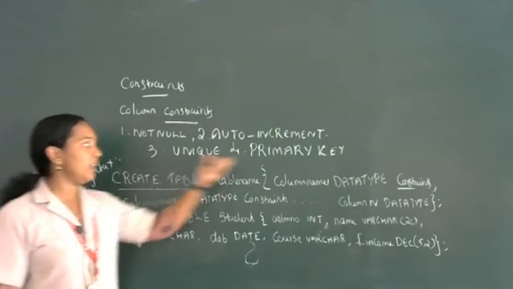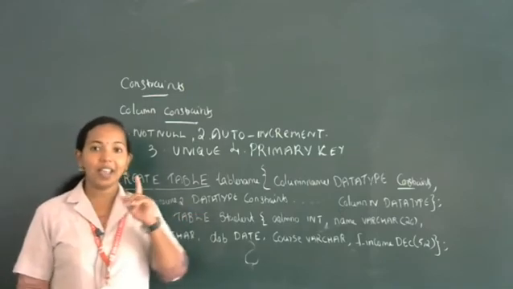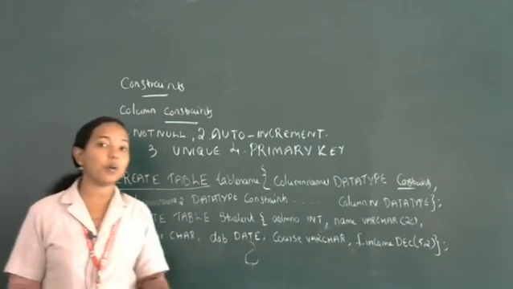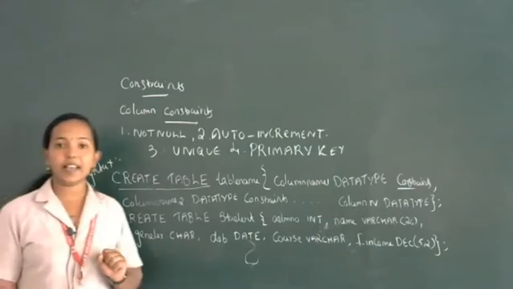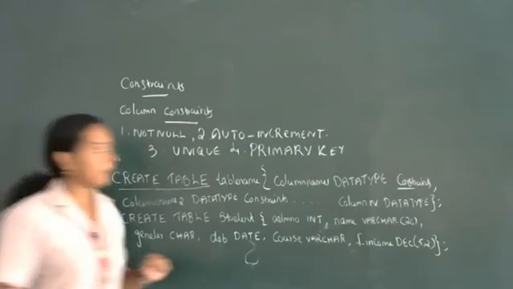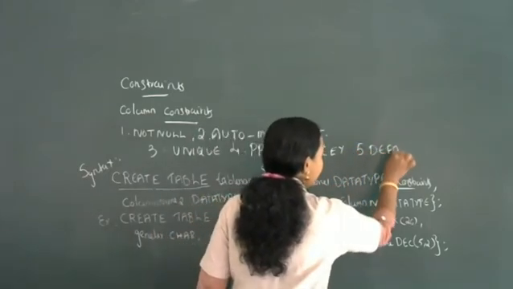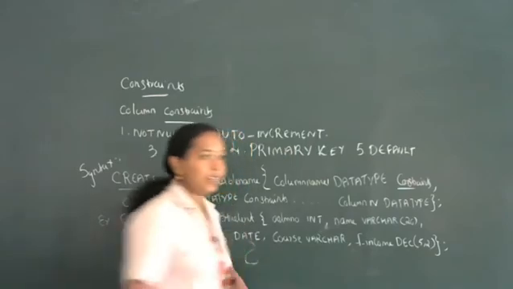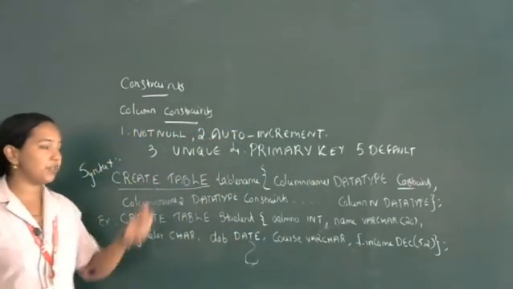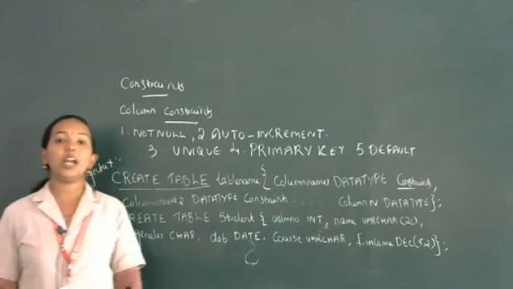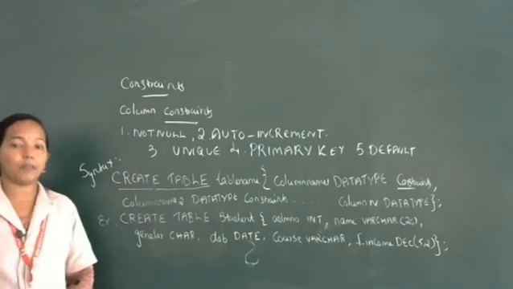Actually, unique and primary key are both the same, but a primary key can be a single attribute or one or more attributes. A combination of two columns can be treated as a primary key. And the last column constraint is default. Default means a default value will be present. If you forget to write any value for this column, that default value will come. So these are the 5 commonly used column constraints.